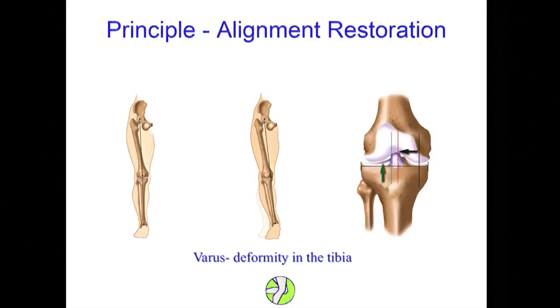So the principles are realignment of the limb. In the varus knee, the deformity is nearly always in the proximal tibia, in the metaphysis, and our goal then is to restore the alignment and bring it out, and so the correction is done usually through the tibia. So if the mechanical axis comes here, our goal in cartilage repair is to get the mechanical axis to 0.